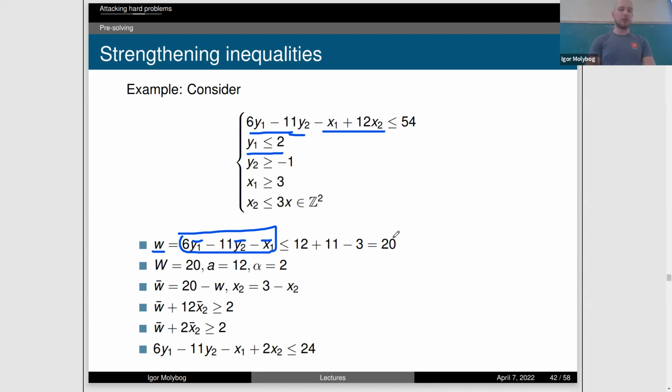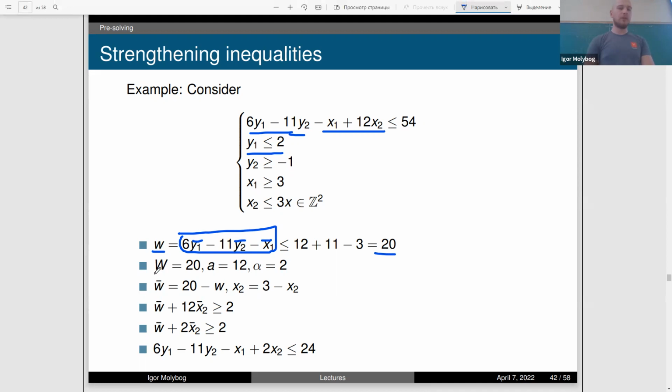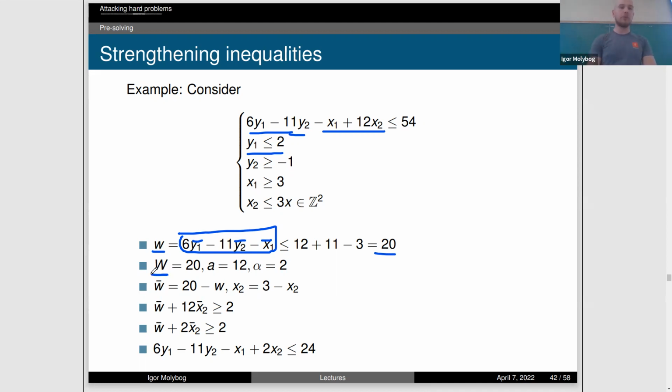This would lead us to a value of 20, which is the value of capital W from the proof that we have had on the previous slide. So the capital W in our case is equal to 20, and A is equal to 12, and alpha is equal to 2, just by substituting everything into the expression for alpha.